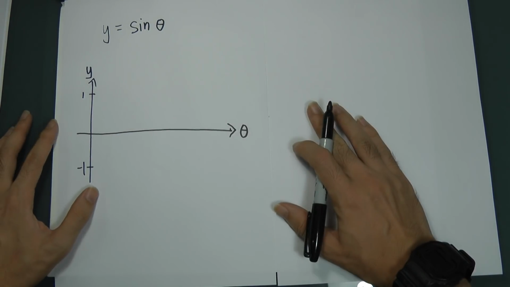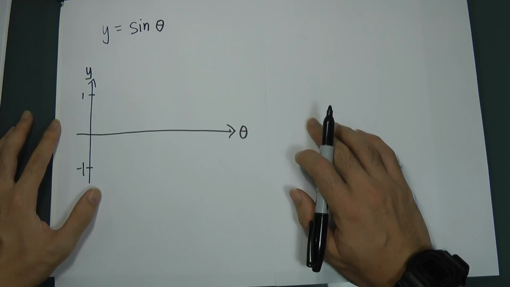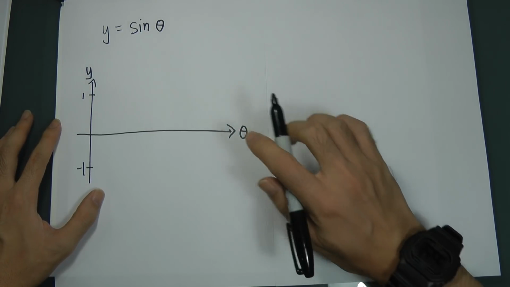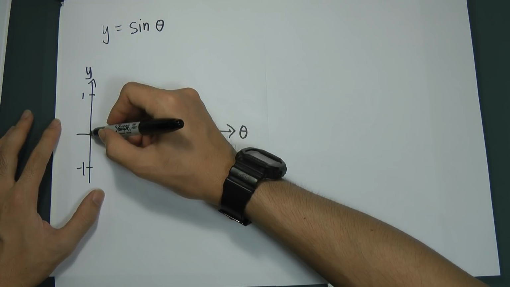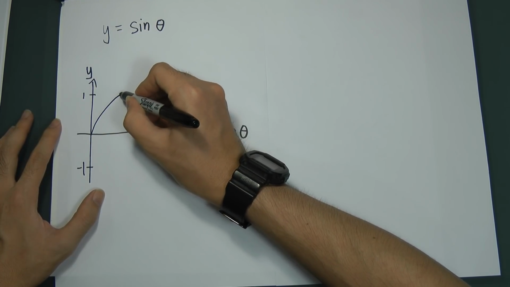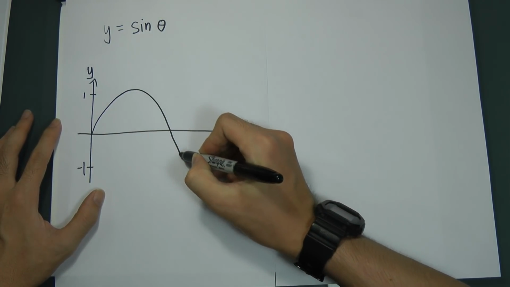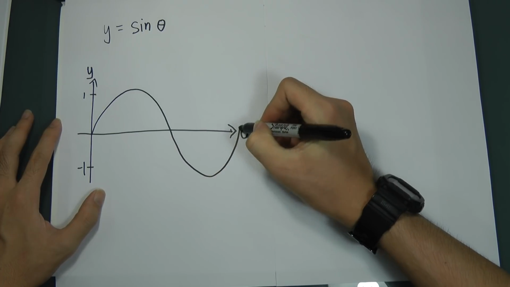Okay, the sine graph starts like a mountain, and then it goes down like this.